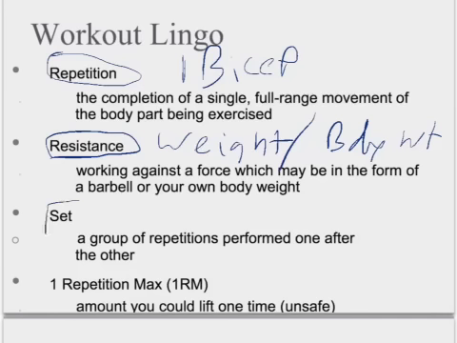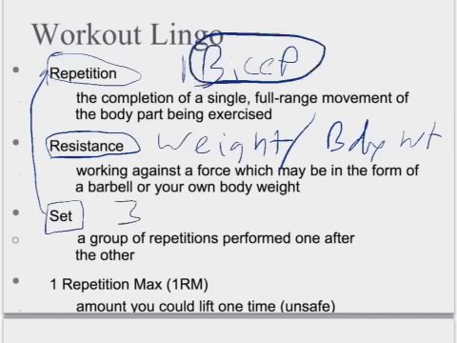A set is going to be a group of repetitions. The way you'd write this out is if I'm going to do 3 sets of 10 repetitions in bicep curls, I would write 3 by 10, which gives me 3 sets, 10 reps. That's how that works.